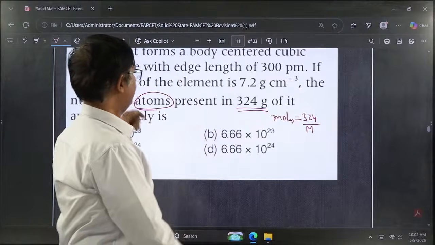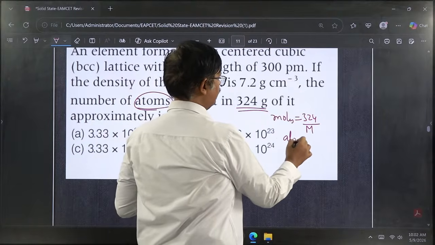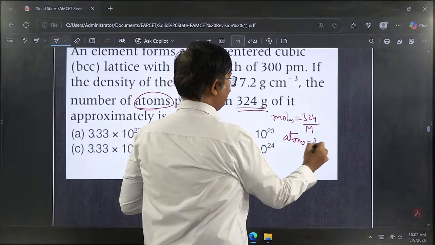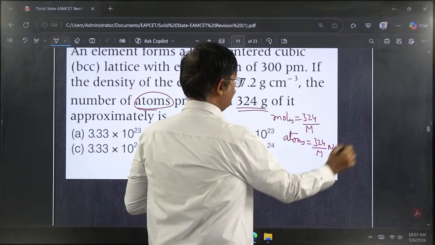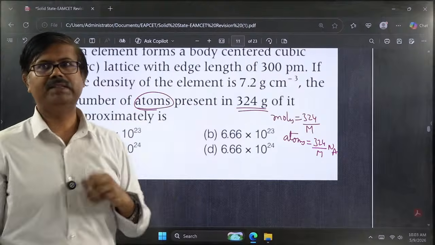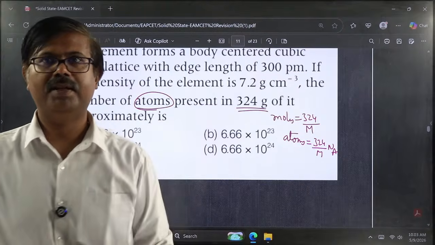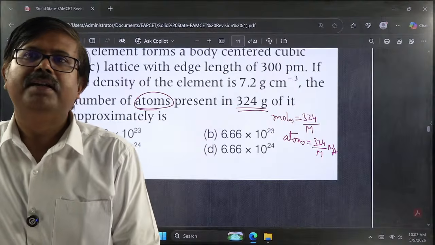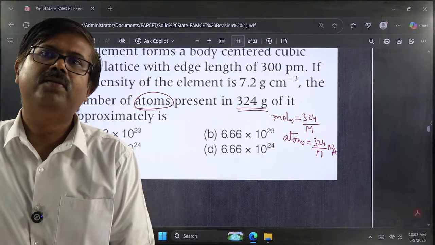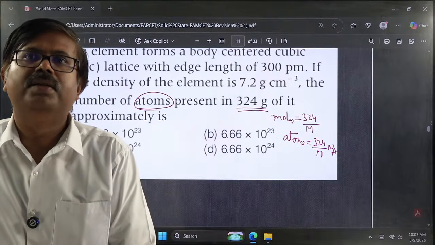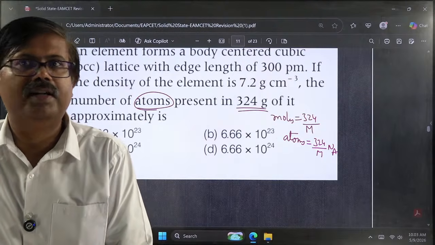Then atoms is equal to moles into Avogadro number. This is how we will do in the stoichiometry chapter. Same procedure here. But the only thing is, here molar mass M is not given directly in the question. We have to figure that out using the density formula of the solid state.